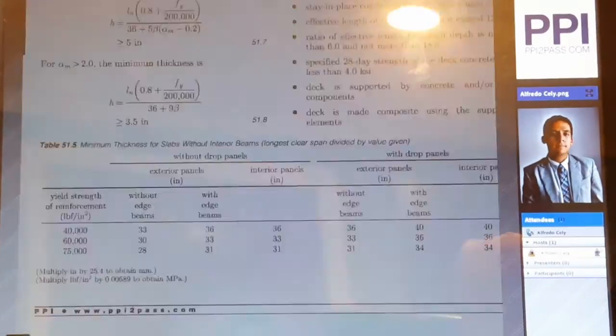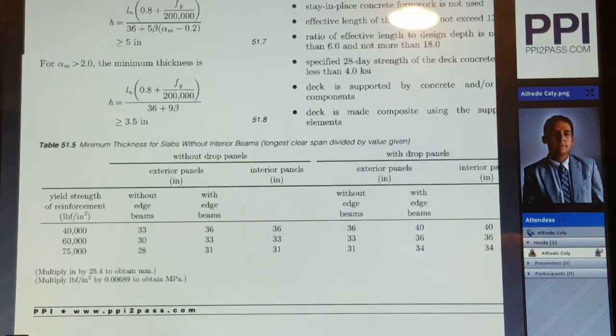Here we see table 51.5 of CERM, which provides you with the minimum thicknesses for slabs without interior beams. Here you can see on the left column the yield strength of the steel: 40,000 psi, 60,000 psi, or 75,000 psi. You can see if the slab has drop panels or does not have drop panels. You can see the exterior panel and interior panel, and then if the slab has edge beams or does not have edge beams.